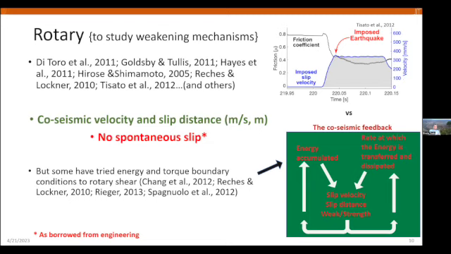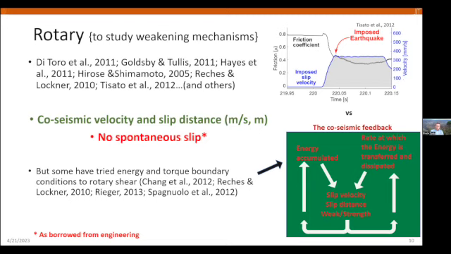And then Rieger 2013 is our student from ETH, although she never really published a paper. And Spagnolo in 2012 with the machine Shiva, which is in Rome, PI was Di Toro again.